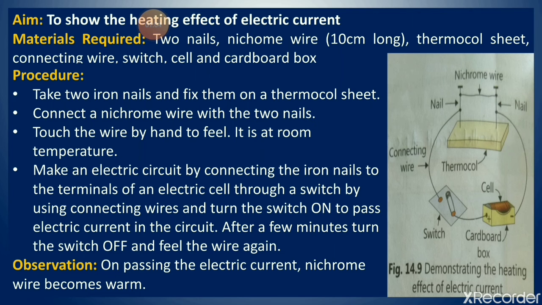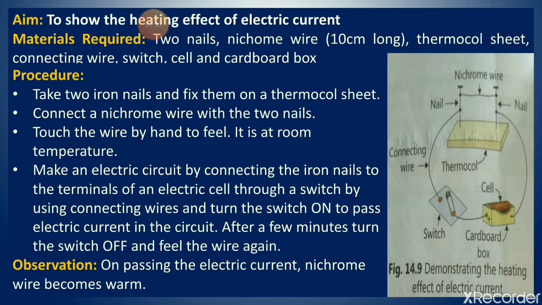Now we will make an electric circuit, which means it will be a closed circuit. When we make the electric circuit, we connect the two iron nails to the terminals of the electric cell. As you can see, one of the iron nails is directly connected to the negative terminal of the cell by a connecting wire.